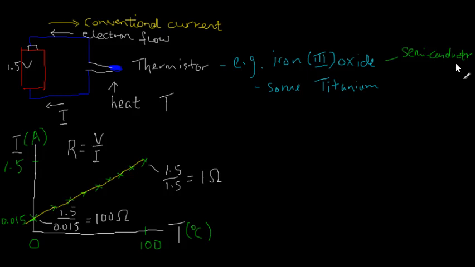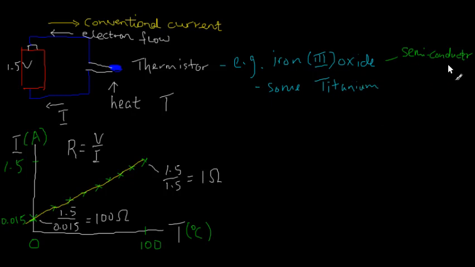Unlike copper, unlike metals, which conduct very well, a semiconductor has only a very small amount of conducting electrons, but it can gain more conducting electrons if the temperature increases. Right? If the temperature increases, it will gain more conducting electrons, and that helps to make it more conducting. Which is why, in this case, as the temperature increases, the resistance can drop.